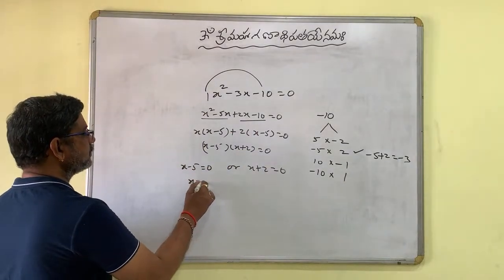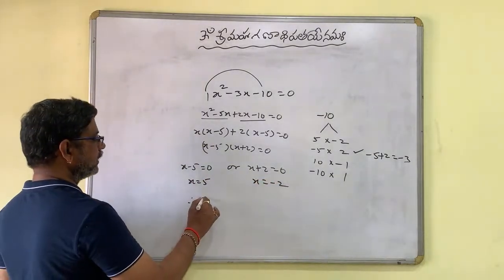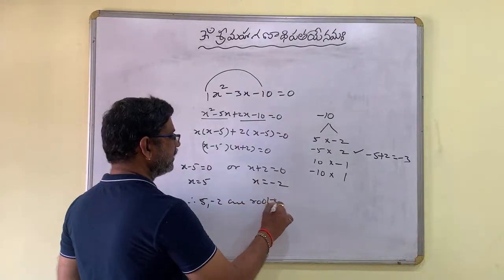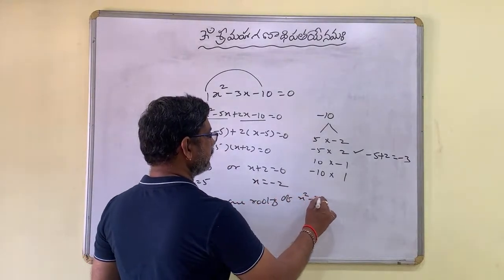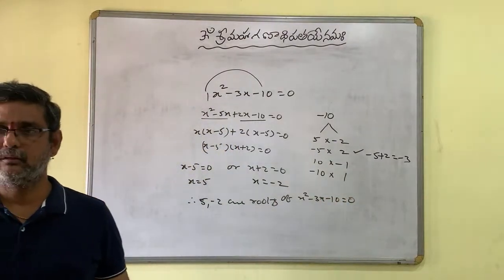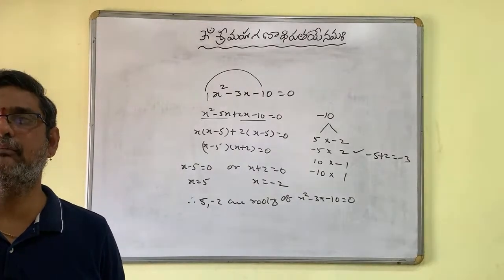If this is 0, then x will be 5 and x will be negative 2. So therefore 5 comma negative 2 are roots of x square minus 3x minus 10 is equal to 0. So this is how we need to solve the problems.